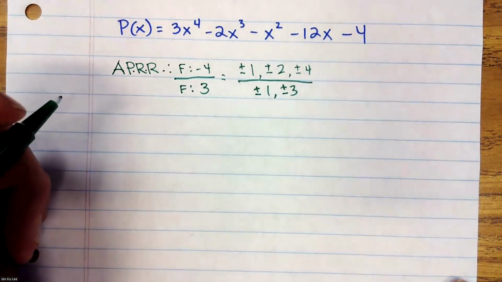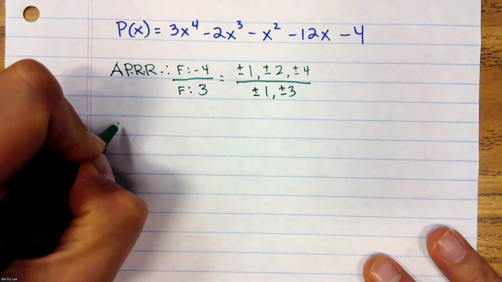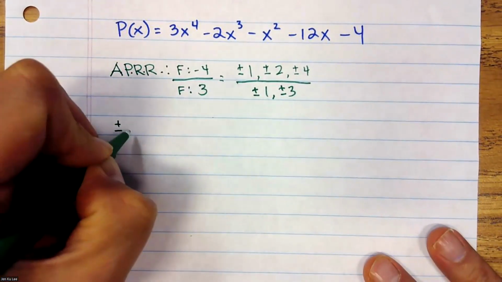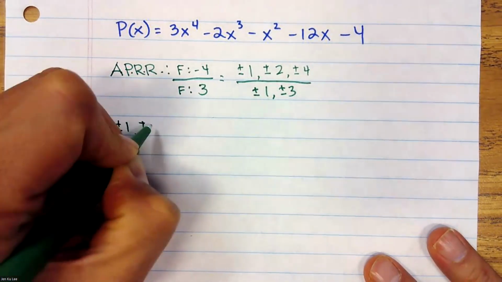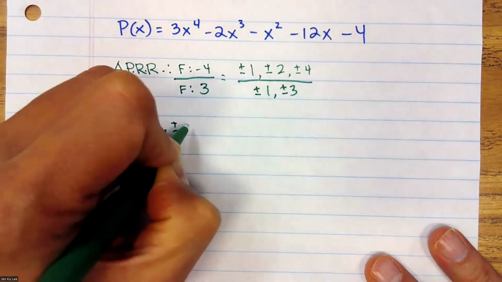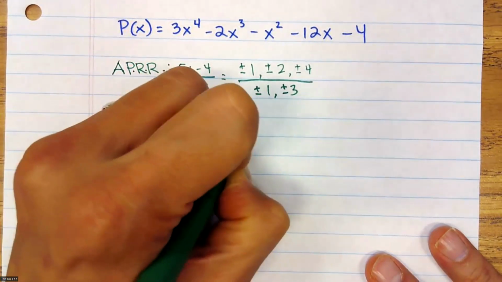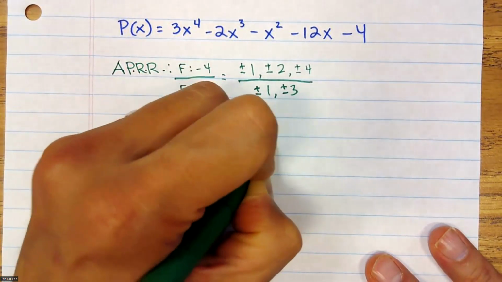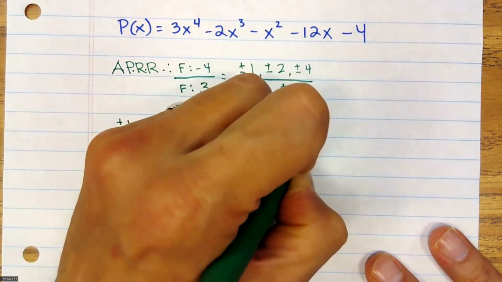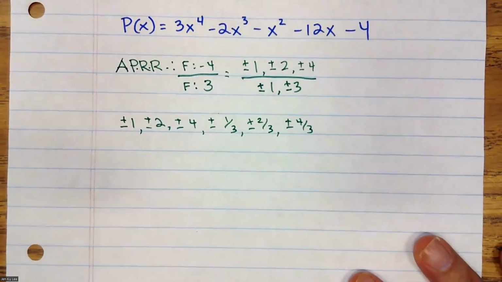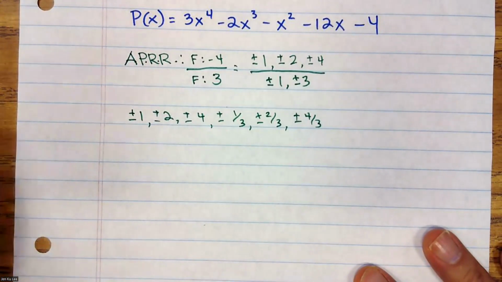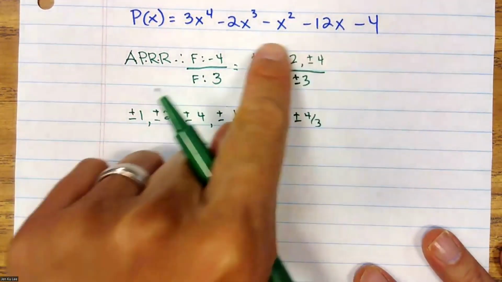And now here, all the possible rational roots are plus or minus 1, plus or minus 2, plus or minus 4, plus or minus 1/3, plus or minus 2/3, plus or minus 4/3. Okay, I divided everything in my numerator by 1.